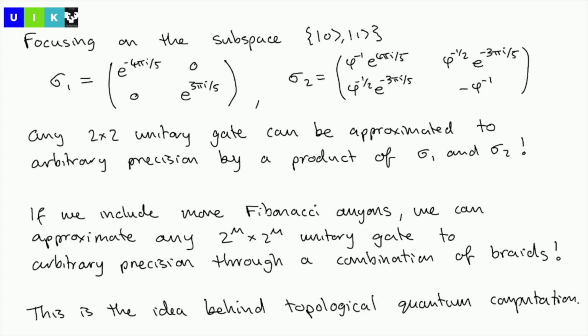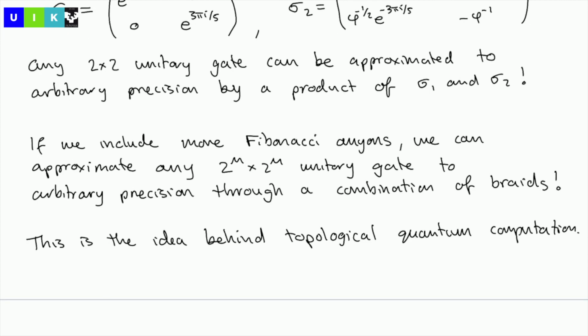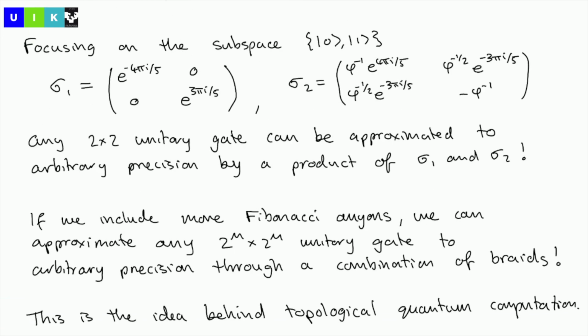I could find a way of taking a product of just these two very, very many times to get as close as I want to that matrix. And what this means is that the Fibonacci anions are actually universal. So I can approximate any unitary I want just by braiding these Fibonacci anions.